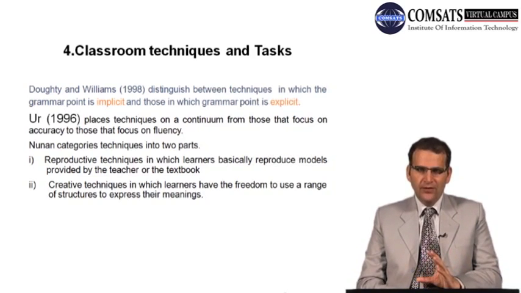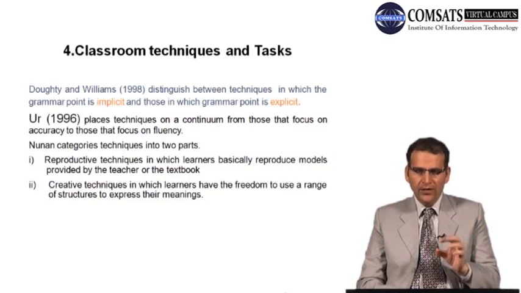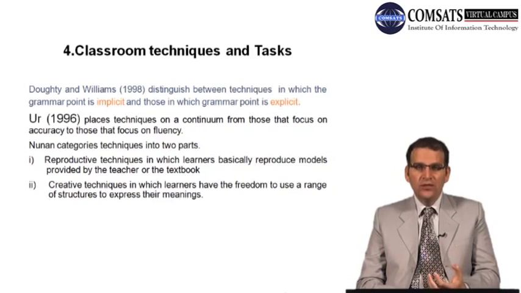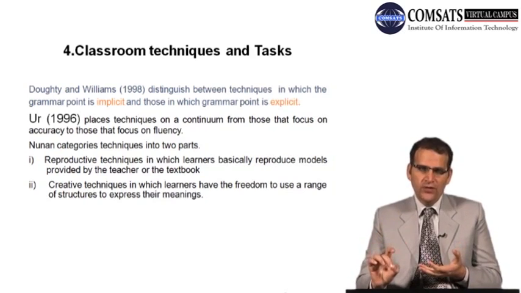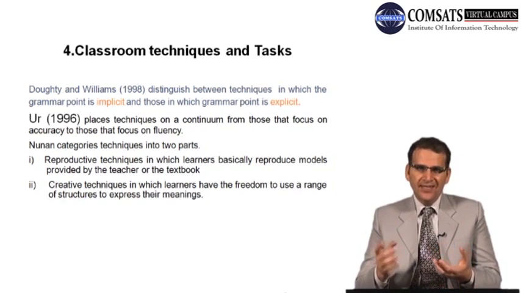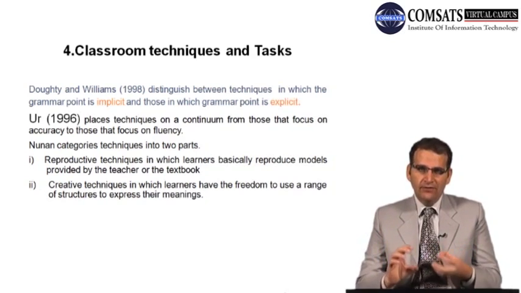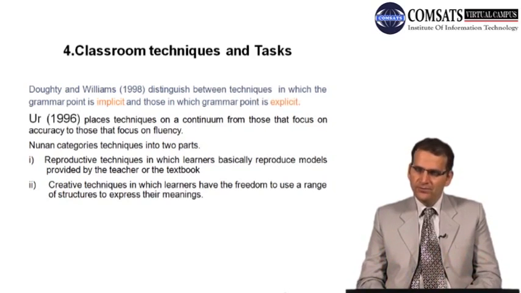I hope you understand. So these are Doughty and Williams's view, and finally Nunan's. What he says is that it is reproductive when you give rules to the students and they produce; second, creative, in which learners have the freedom to use a range of structures to express their meanings.